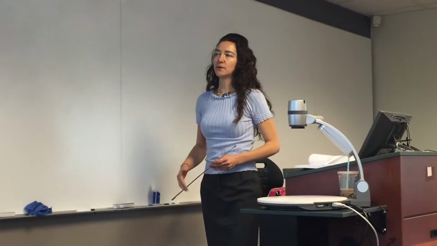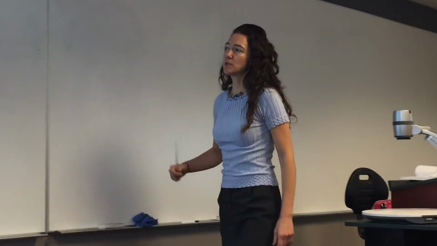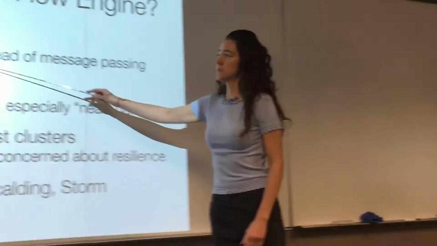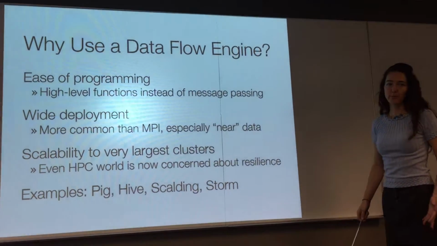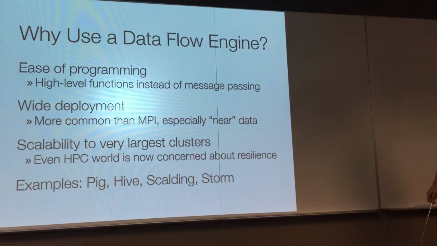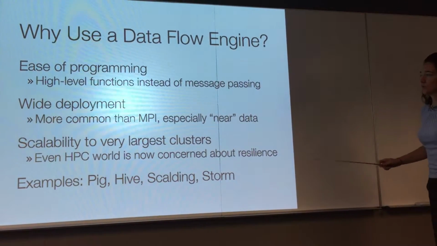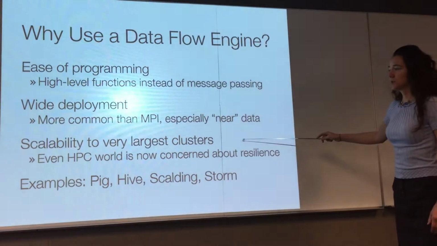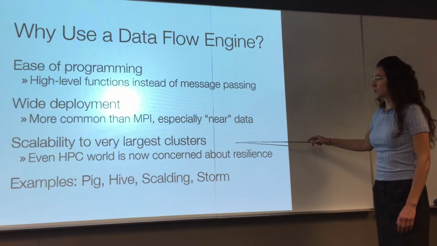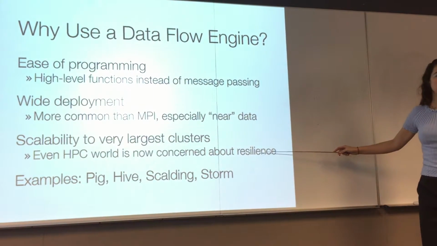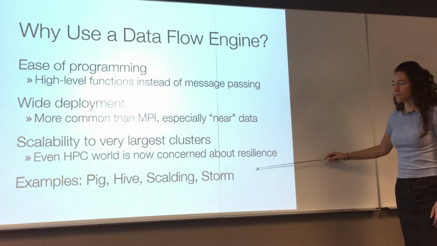We use this type of data flow engine because it's easy to program. They are high-level functions instead of us having to worry about passing the actual messages between the nodes as a programmer. Scalability: it can scale to very large clusters, and there is resilience because we can recover from failures.